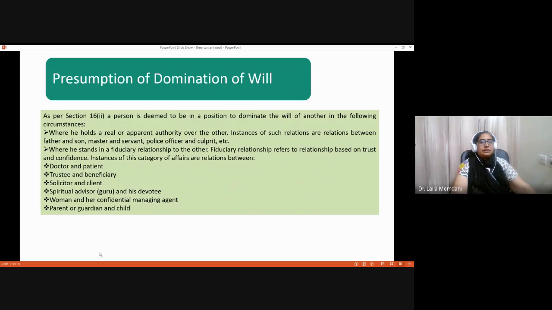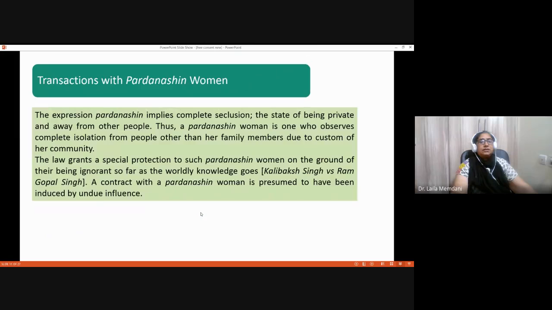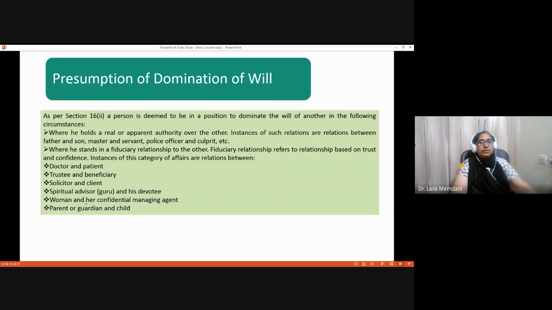Most of these are self-explanatory, but we will look in detail at the woman and her confidential managing agent. For this part, I would give the example of the movie Gulabo Sitabo, where the old woman had her managing agent and advisor, the confidential managing agent and advisor, the doctor, who was coming in disguise as a doctor.